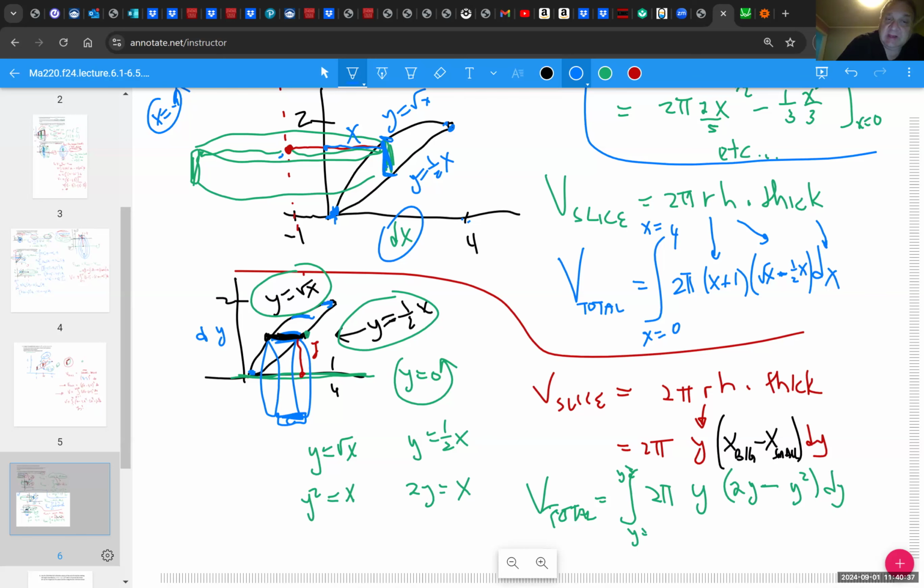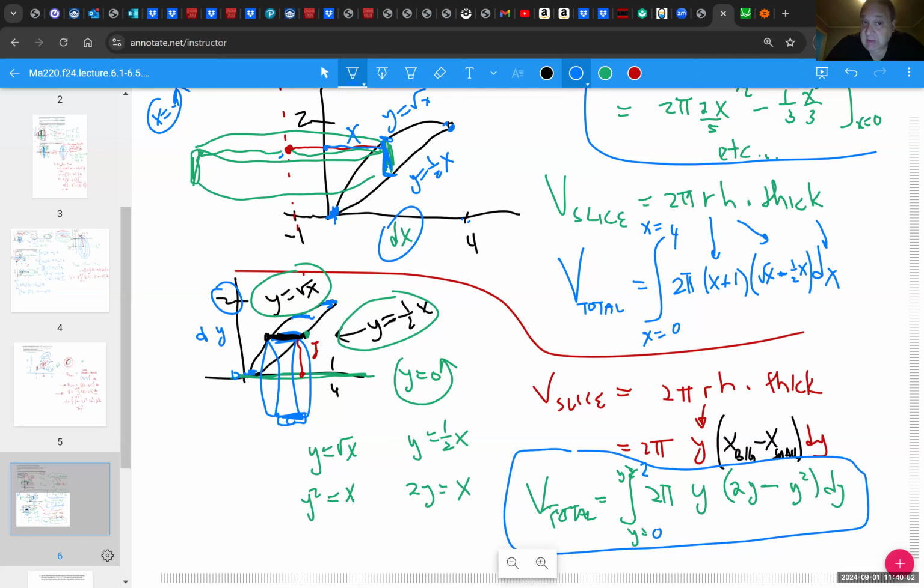The smallest possible y in our region is right here at 0. And the largest possible y value is up here at 2. So we go from y equals 0 to y equals 2. And this right here is how you find the volume of the region revolved around the line y equals 0 using the shell method.